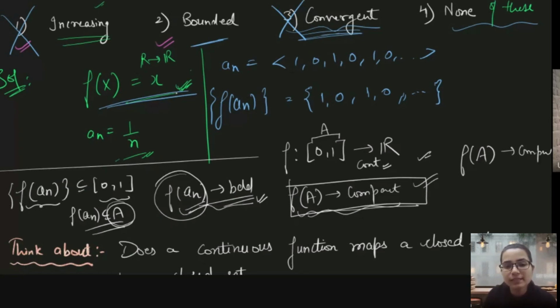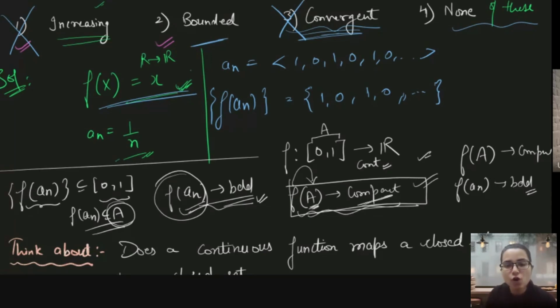So f of an will be a bounded set, not necessarily compact, because it will be a subset of a compact set. Because A is compact, f of A is compact, and f of an is a subset of a compact set.